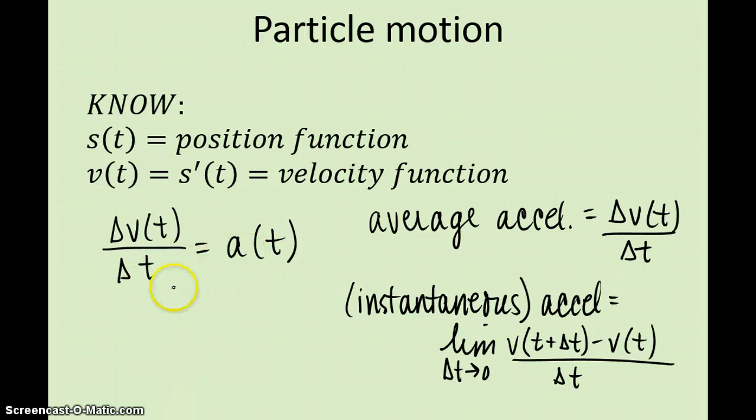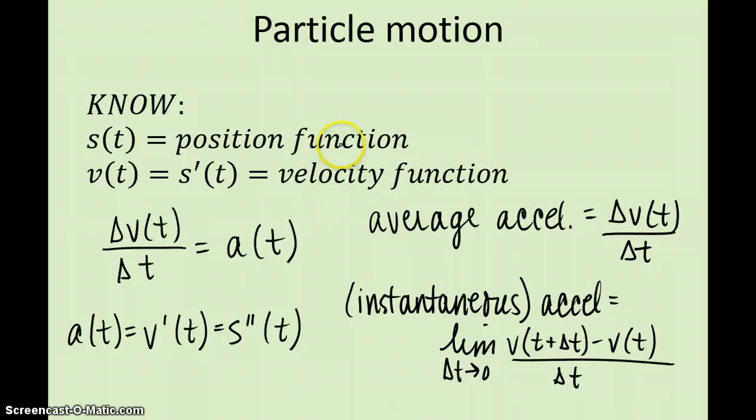So the acceleration function is the rate of change of the velocity function. The instantaneous acceleration is found by the first derivative of the velocity function, which is really the second derivative of the position function. And we'll look more and more at the relationship between position, velocity, and now acceleration the further we get along in the text.